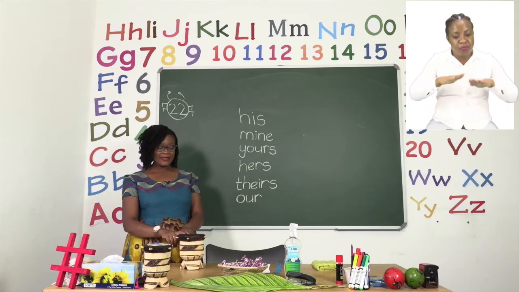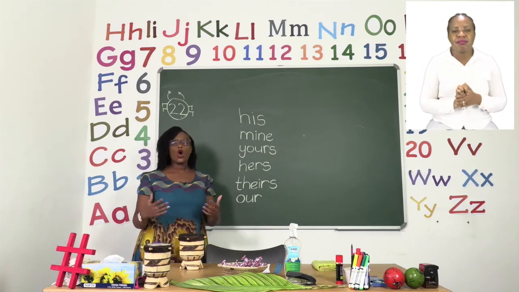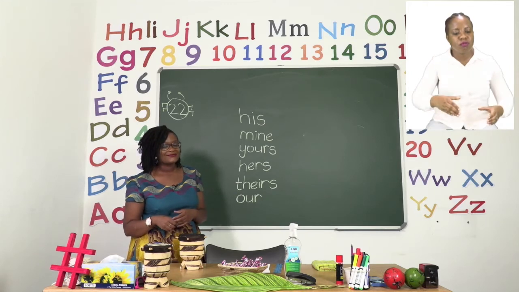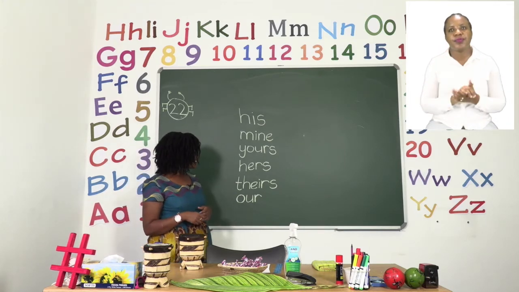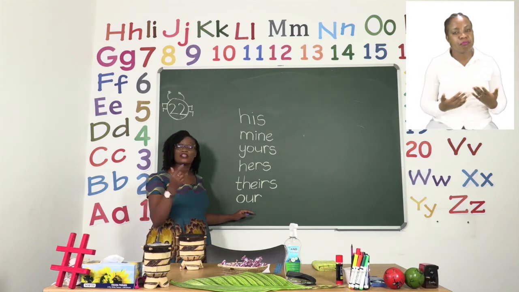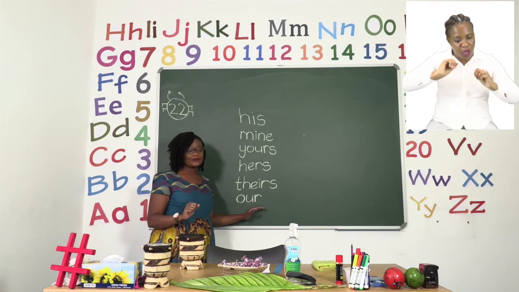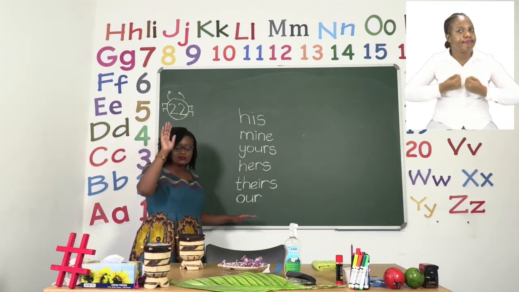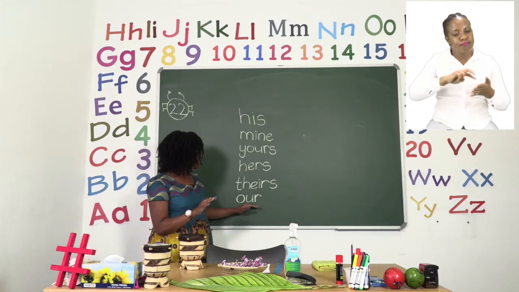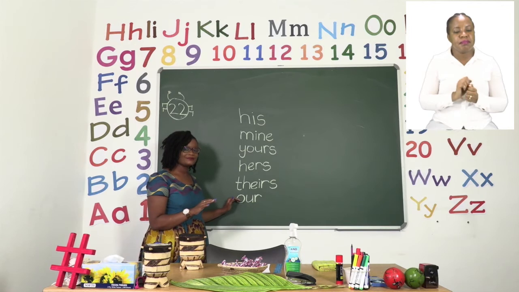This drum is theirs. We are showing ownership or where the drum belongs. Last but not least, if we want to show that it is for everyone, including yourself, we will say our drum, meaning the drum is for us, everyone, our.